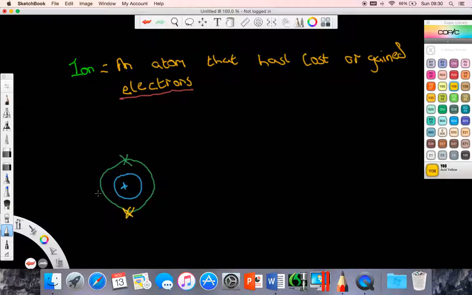Okay? Now, there's 2 types of ion that you need to know about. The first of which is known as a cation. Okay, a cation. So a cation is a positive ion.